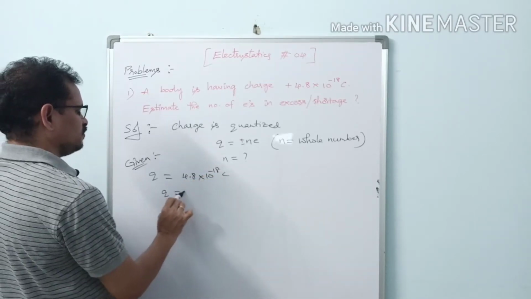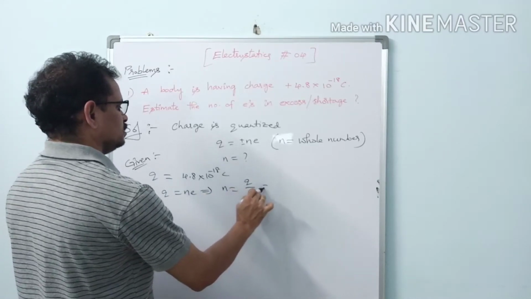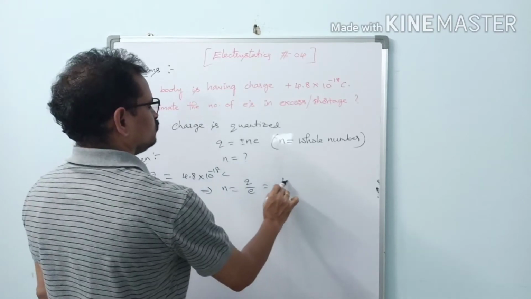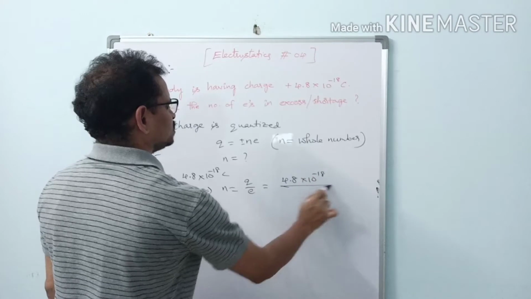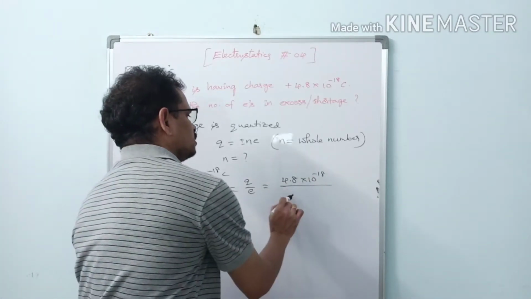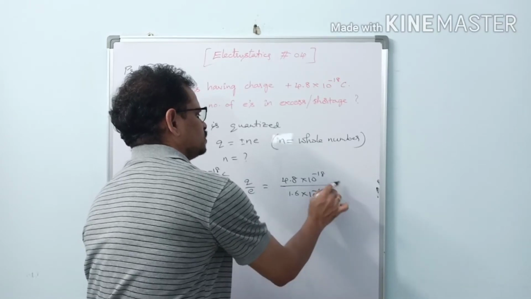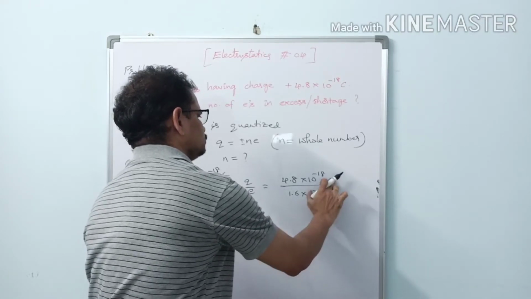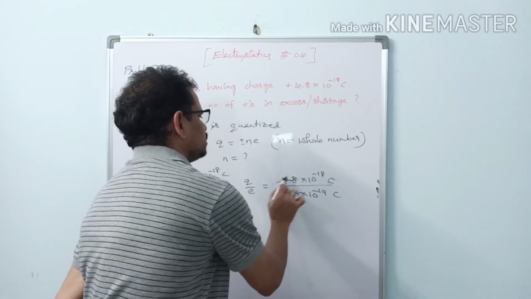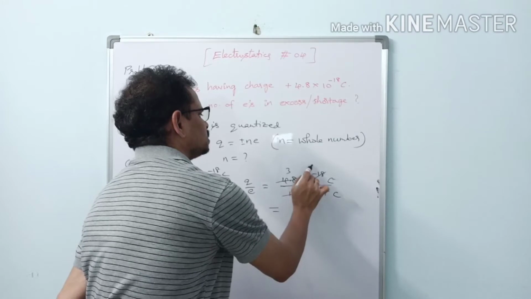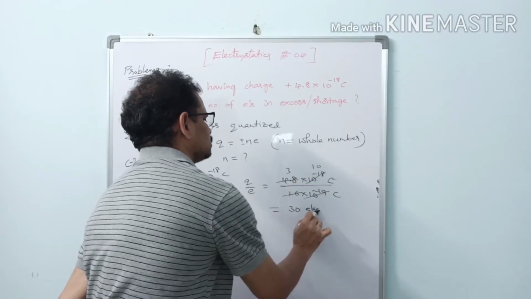So Q equal to Ne implies N equal to Q by e, which is 4.8 into 10 power minus 18 coulombs by the charge of an electron, 1.6 into 10 power minus 19 coulombs. Solving this, 4.8 by 1.6 goes 3 times and the powers give 10, so this is equal to 30 electrons.